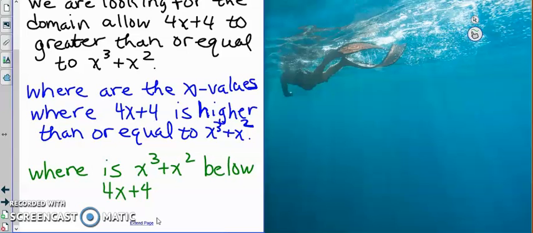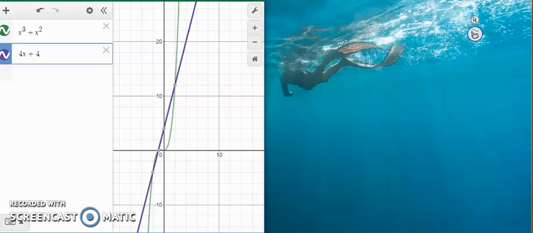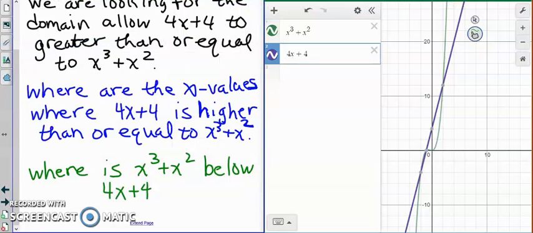All right, so let's go and pull Desmos up, and let's go ahead and actually deal with that part. Let's move this over here. Right, so we have that already. All right, so here we have the function x cubed plus x squared, and we have the other function 4x plus 4.